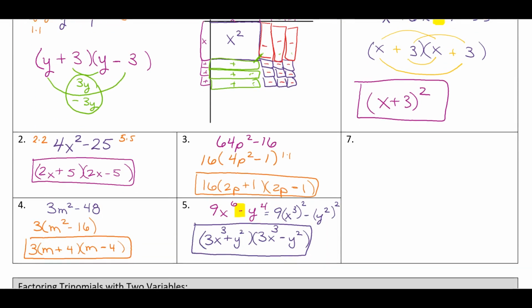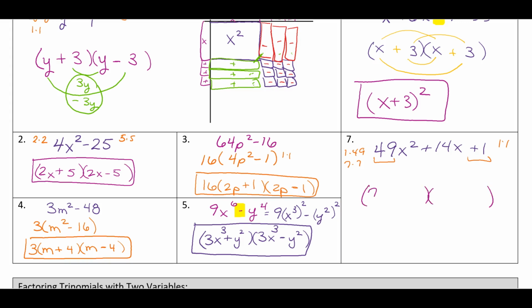So number 7 is going to be 49x squared plus 14x plus 1. So again, you can sit down and you can list out all your factors. 1 times 49, 7 times 7, don't have too many here, 1 times 1. As soon as I see the fact that this and this are perfect squares, that's going to be the first set of factors I test out.